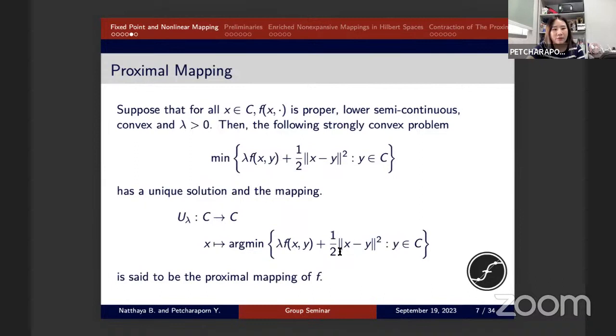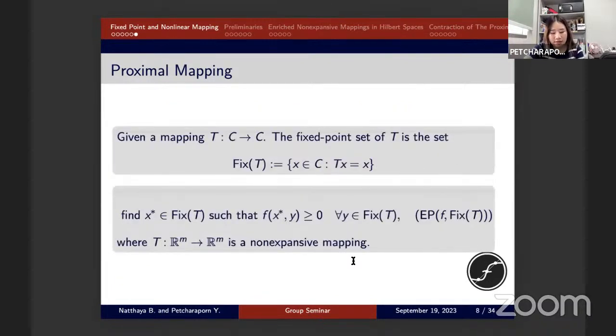And next, proximal mapping. Suppose that for all x in C and bifunction at x is proper lower semi-continuous convex and lambda greater than 0, then the following strongly convex problem has a unique solution, and this mapping is said to be proximal mapping of f.